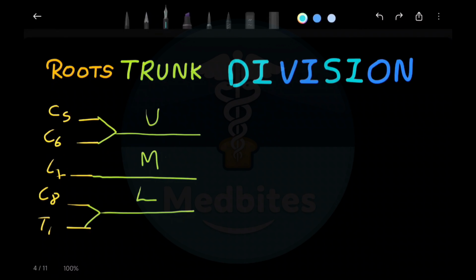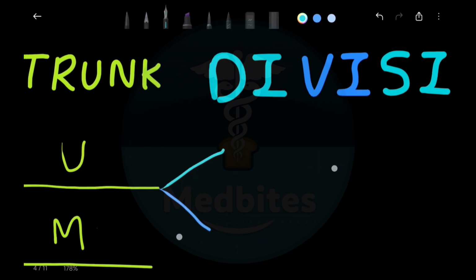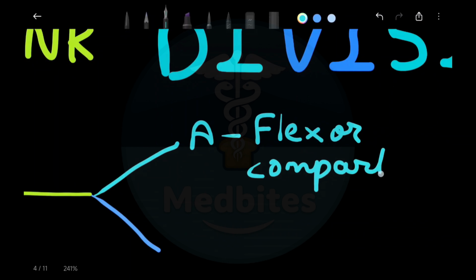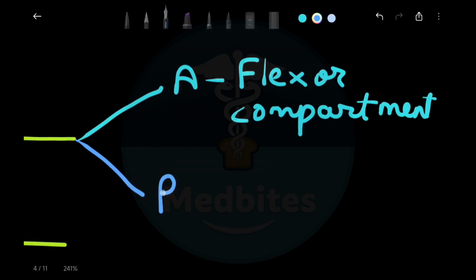Each trunk divides into 2 parts, one anterior, another posterior. Since there are 3 trunks, there will be 3 anterior divisions and 3 posterior divisions. These divisions are extremely important. The anterior division generally supplies to the flexor compartment, whereas the posterior division generally supplies to the extensor compartment.